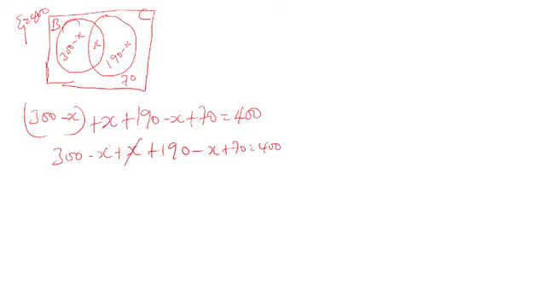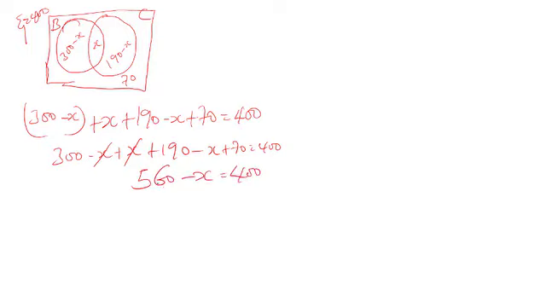So x and minus x go off. We now have 300 plus 190 is 490. 490 plus 70 is 560. So 560 minus x is equal to 400.